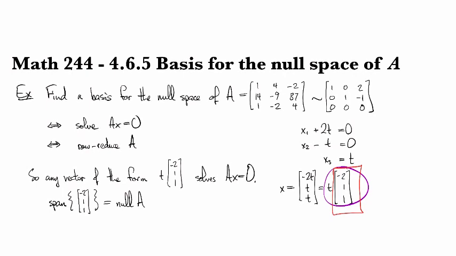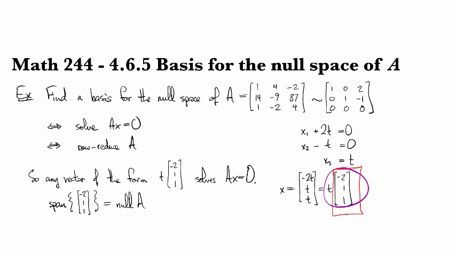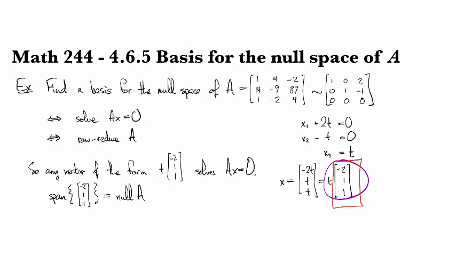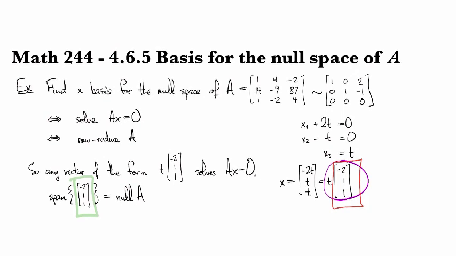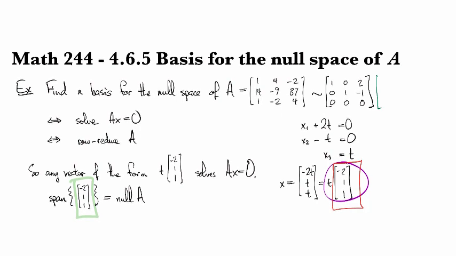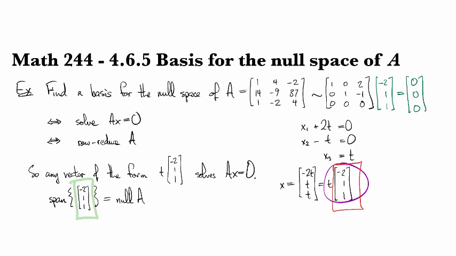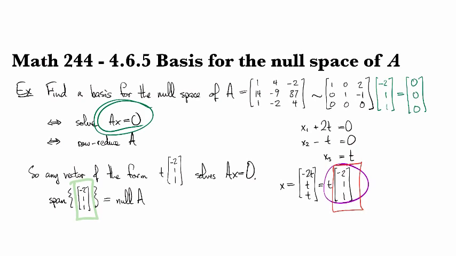And just a quick word on the geometry of what's going on here. The fact that this particular thing is a solution means that if we put it right here and we multiply, we're going to get 0, 0, 0, because that's the equation that we are looking for.